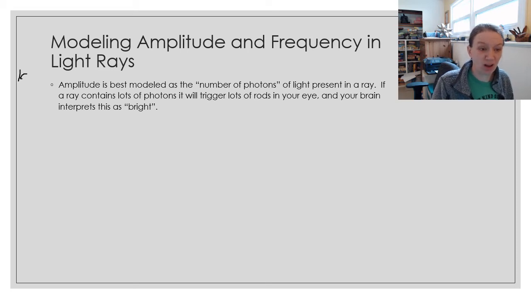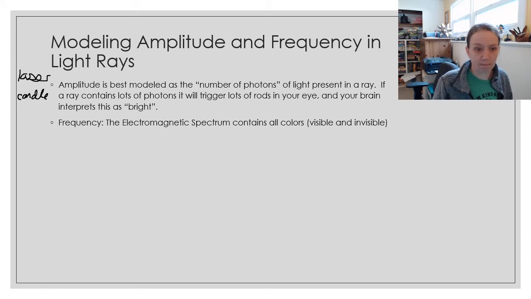For example, a laser shoots out a ton of photons, and that means all the different rods in your eye are detecting them all at once, and your brain says this is really bright. If you had a little tiny candle, that candle is going to be sending out many fewer photons every second, so your eye detects that as a much dimmer light.